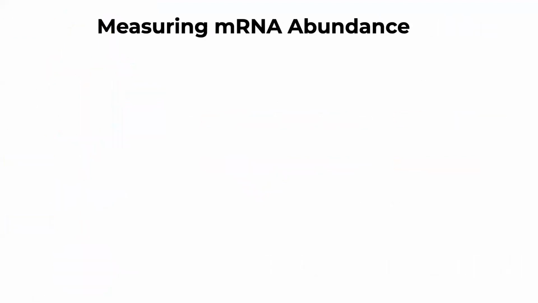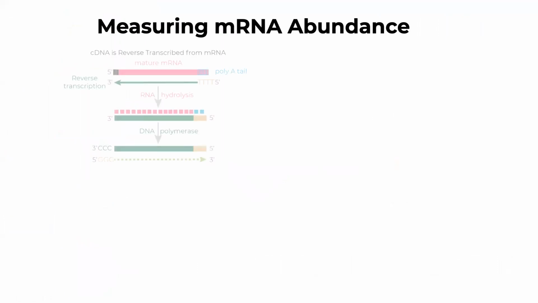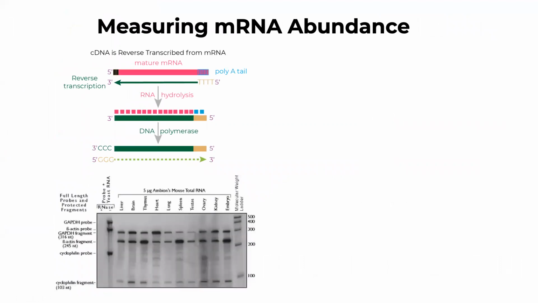So how do we measure RNA abundance? There are a number of different ways to measure RNA abundance. We can use PCR, and PCR can be designed around a specific primer that helps us check whether that primer is there and how much of it is there, right?